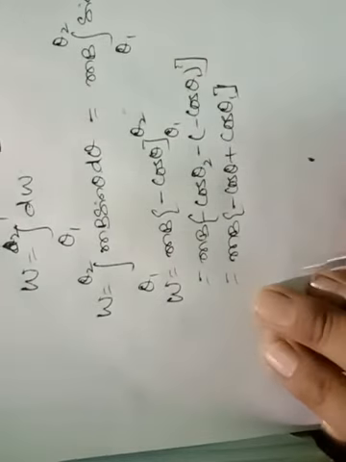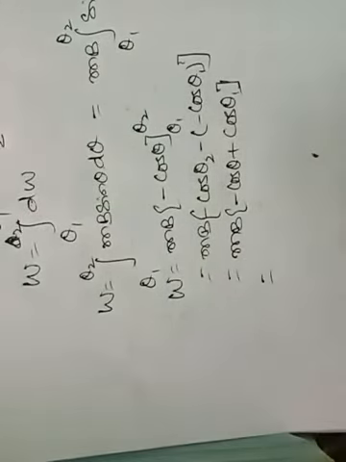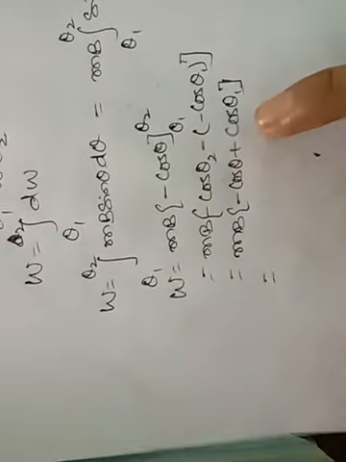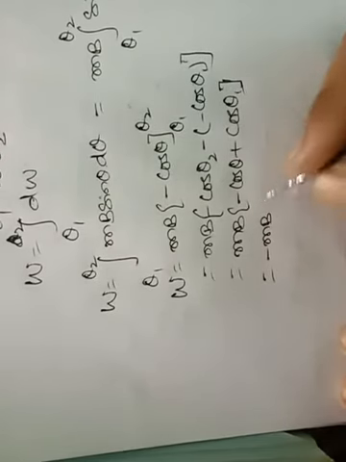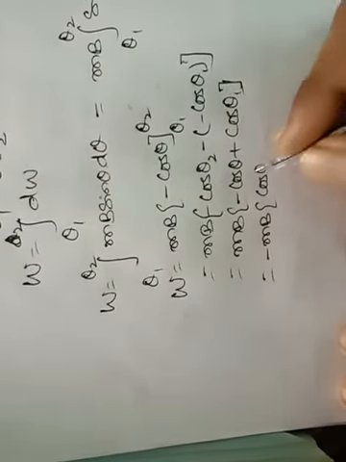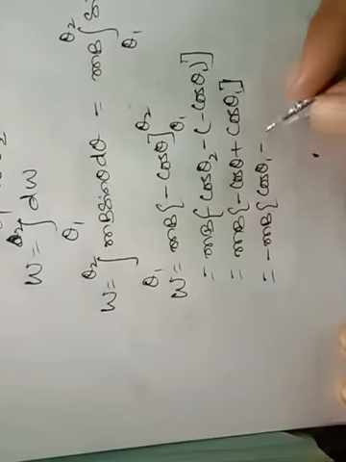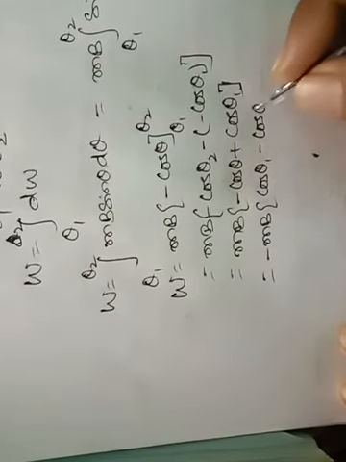Okay, now in this particular case, we know that work done is given by the potential energy, which we have to find out. For rearranging the terms, we will take the minus sign common here. mB will become cos theta 1 minus cos theta 2.